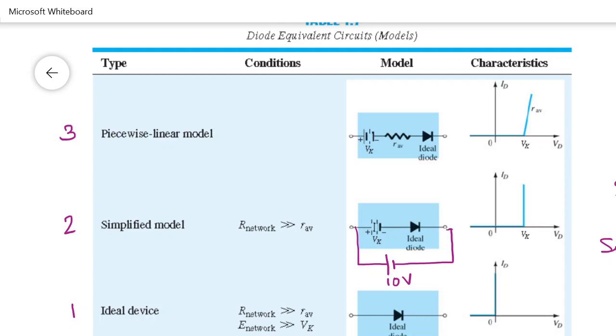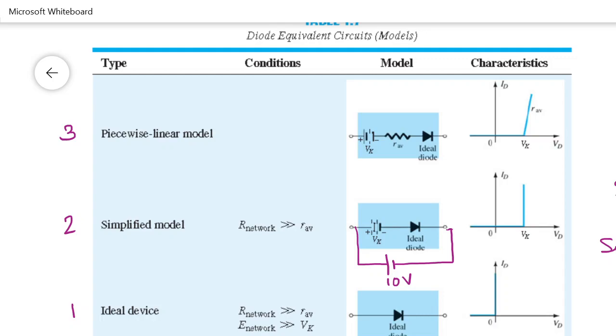Whatever this value would come, can anyone say? 0.93. Yes, 0.93 milliampere. As you can see, with 10 volt here, there is not much difference between the calculated current values of the simplified and ideal approximations.